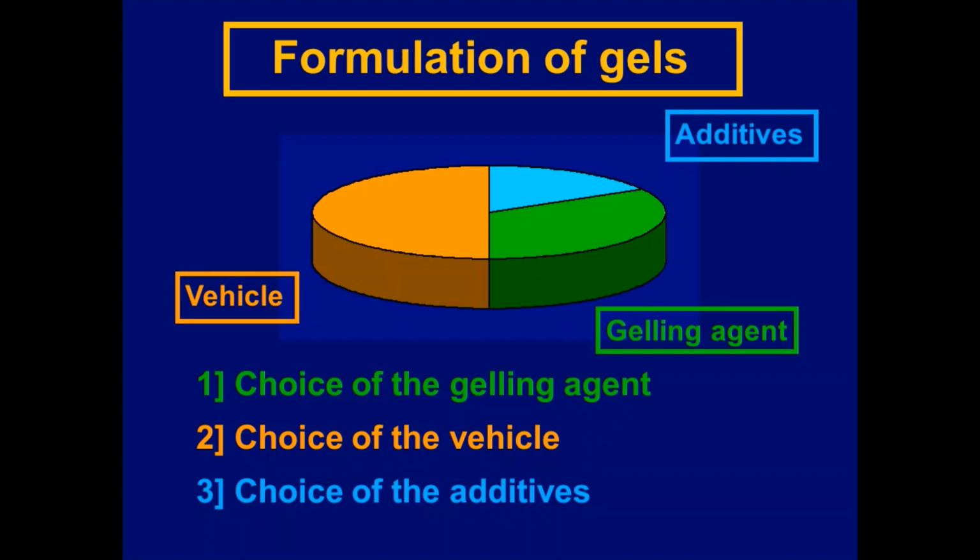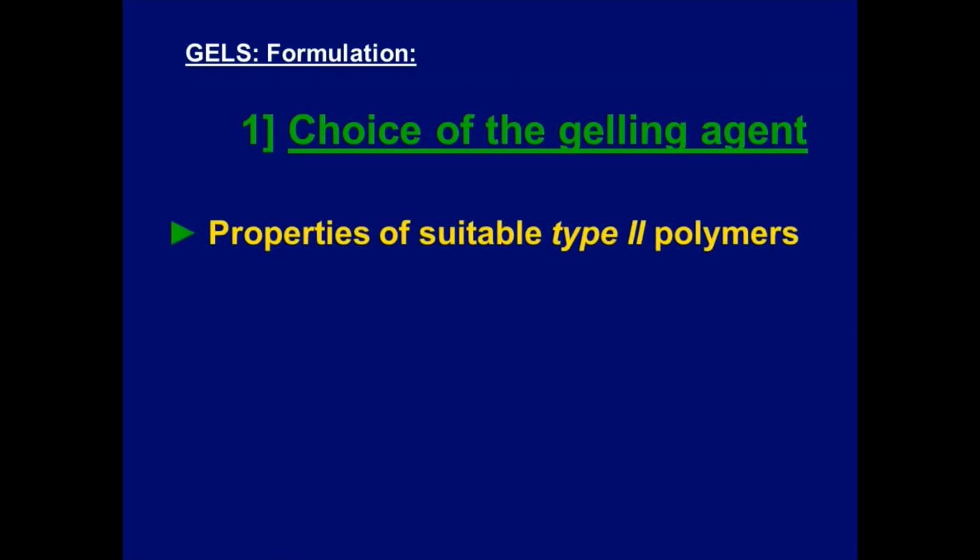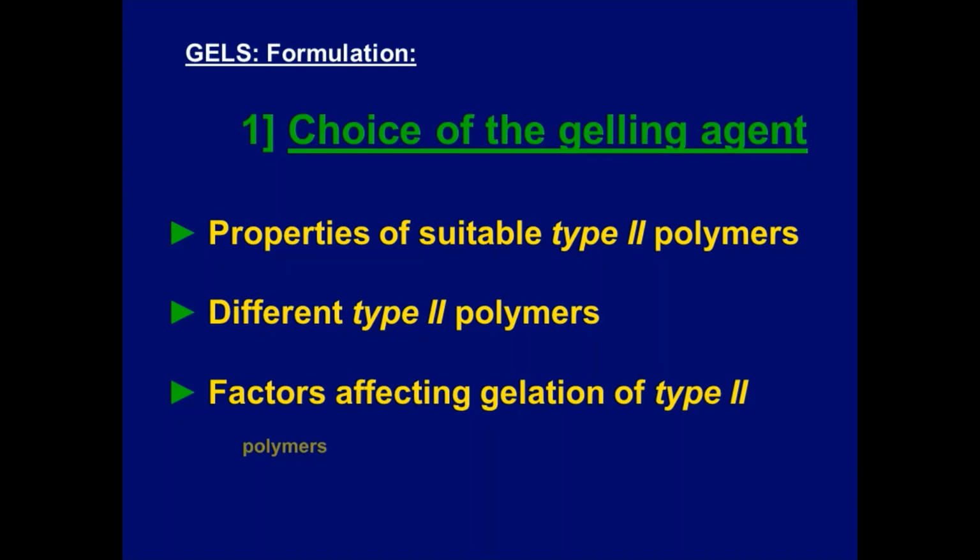First, how to choose the gelling agent. To know how to choose the gelling agent, you will need to know properties of suitable gelling agent, which is, of course, a type 2 polymers, different type 2 polymers, and factors affecting gelation of type 2 polymers.